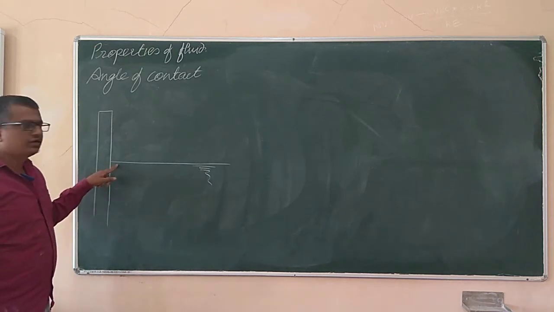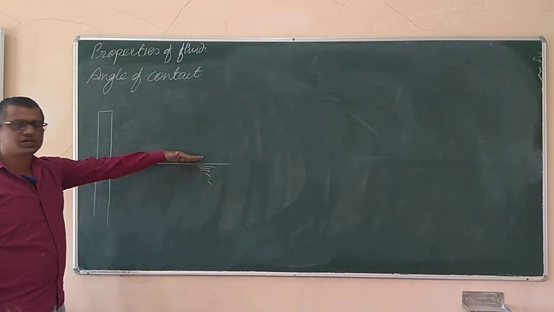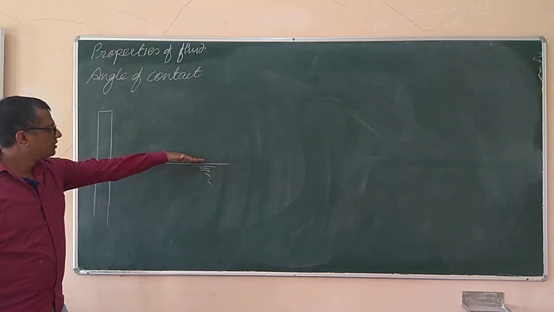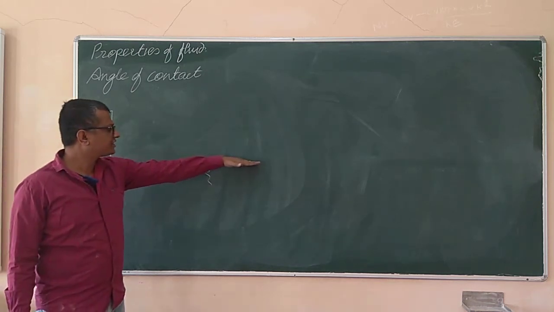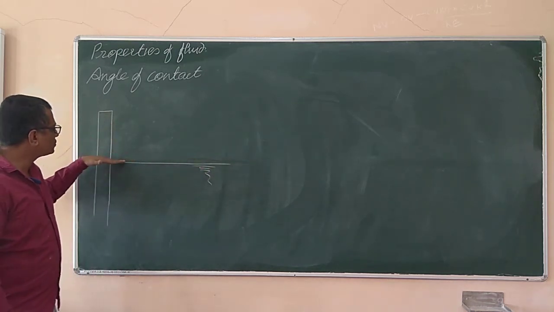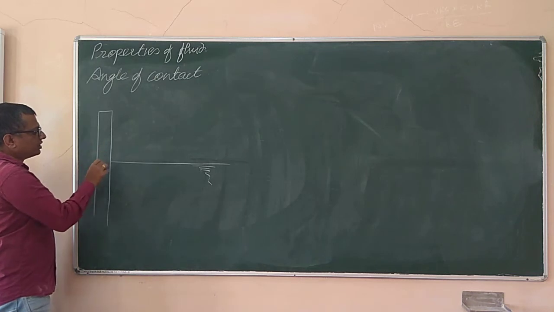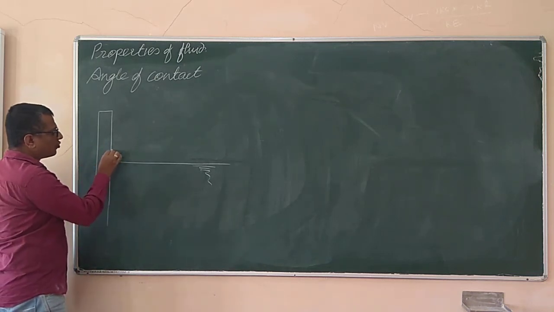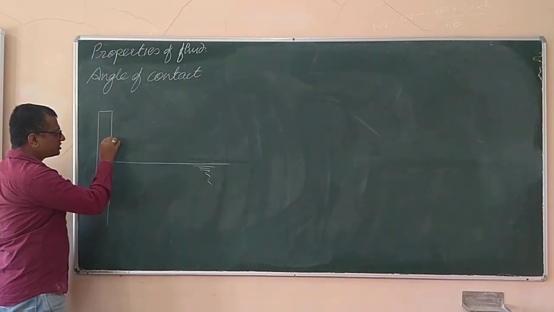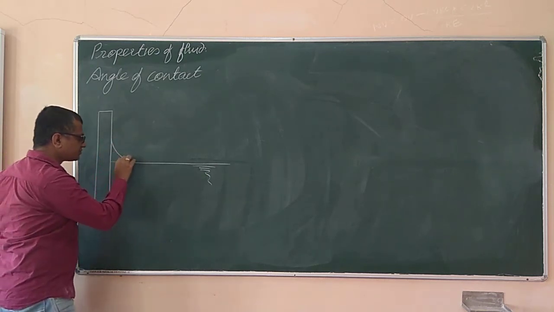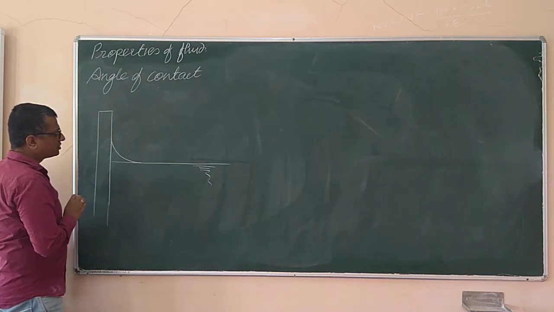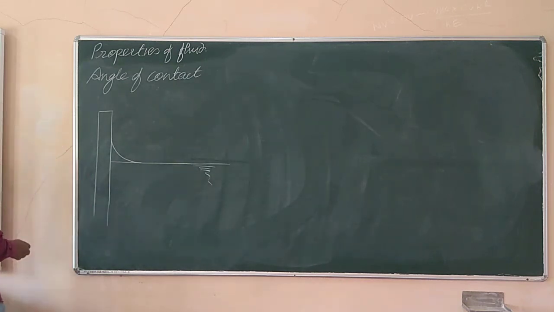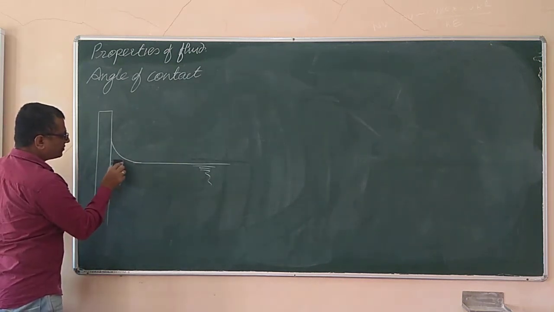Now this liquid is exactly flat and horizontal at the free liquid surface, but if you go close to the wall of the container over here, you will find the liquid is climbing up the wall and taking this particular shape, something like this.